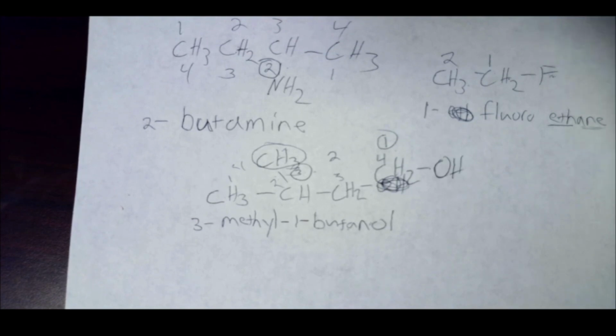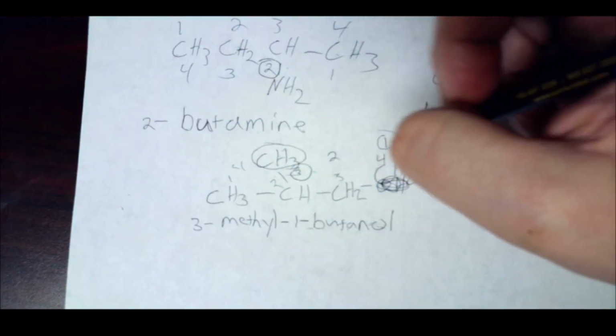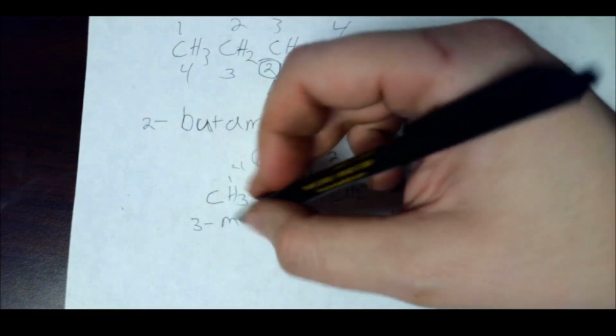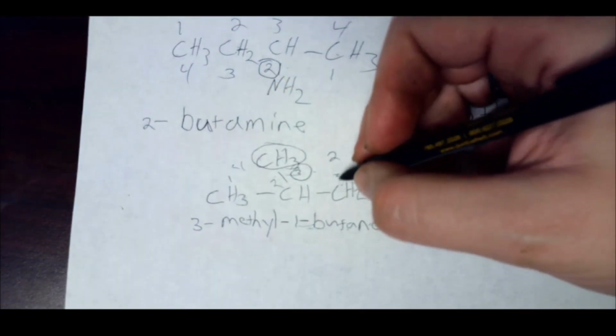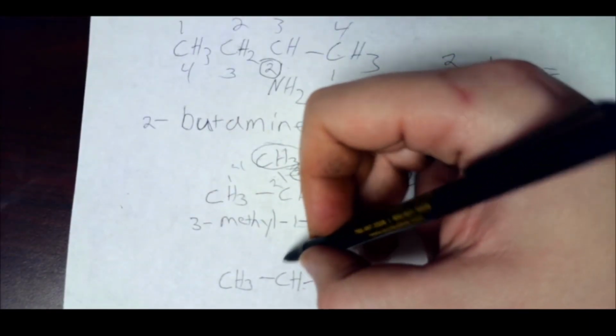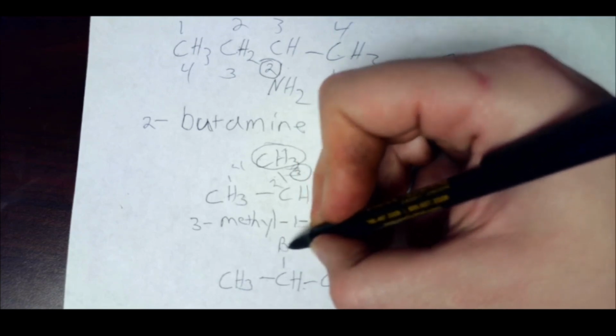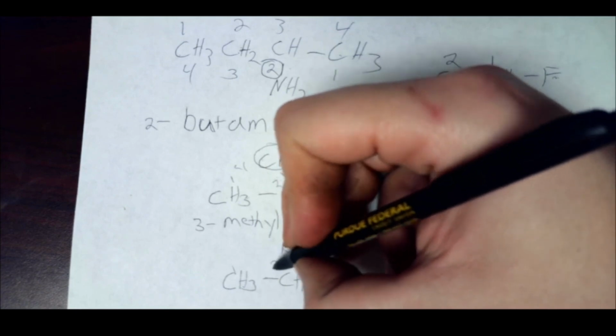So let's just say we have no methyl. We would just call it 1-butanol. If there's no methyl, we would just remove that entirely. If there's 2-butanol, the alcohol would be right here. Let's look at a 3-carbon group. If I put a halogen like bromide right here, I would call that 1, 2, 3.